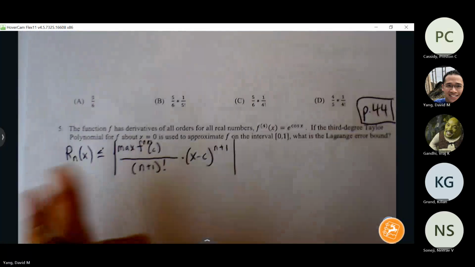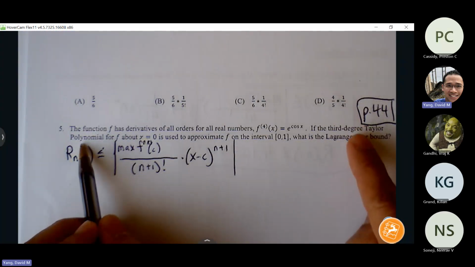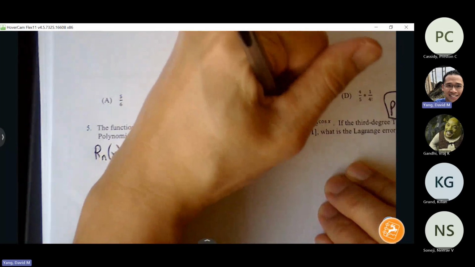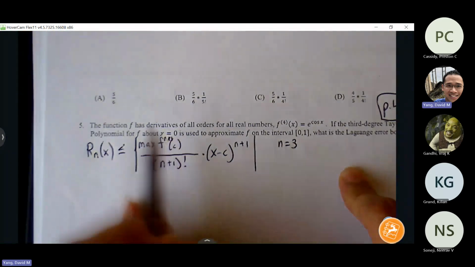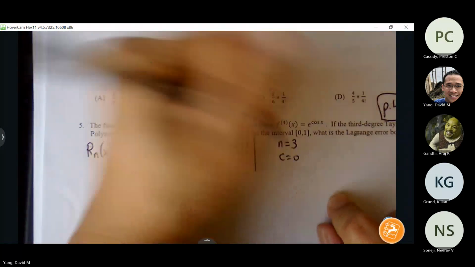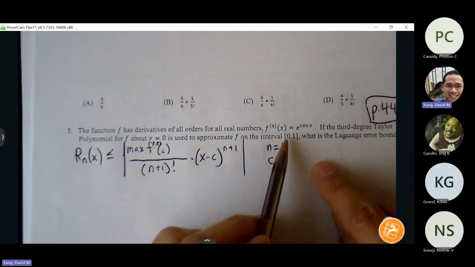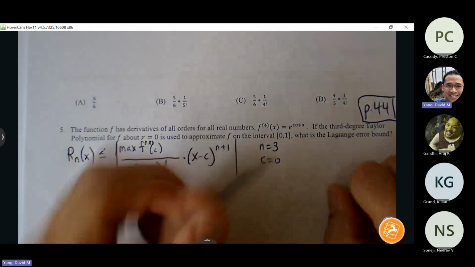We're trying to find a third degree error bound, so that's our n value. So n equals 3. About x equals 0, so that's our c value. On the interval from 0 to 1, so 0 is c, and 1 must be x.